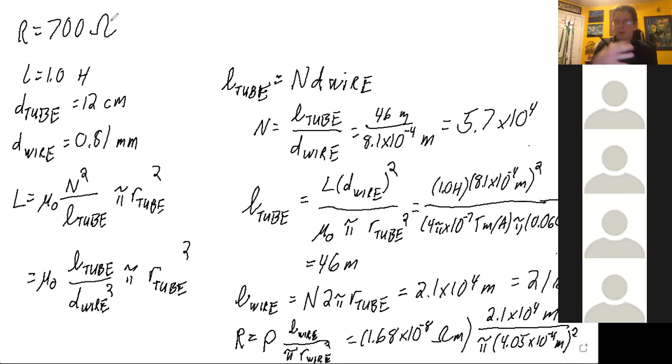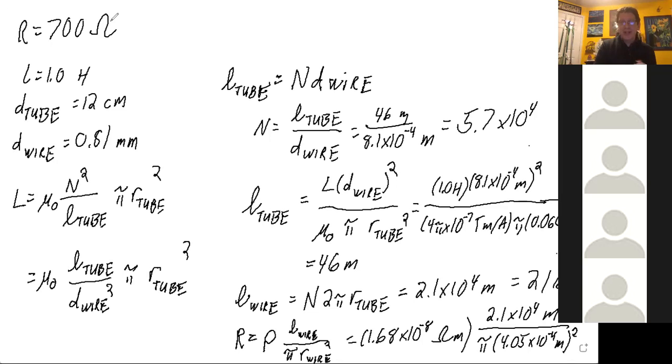So any questions on that? Again, the key is figuring out the relationship between the length of the tube and the total number of turns in the wire, to figure out how those are related. And once you have that, everything else falls into place. And so again, the length of the tube is equal to the total number of turns of wire multiplied by the width of the wire, which is just its diameter.